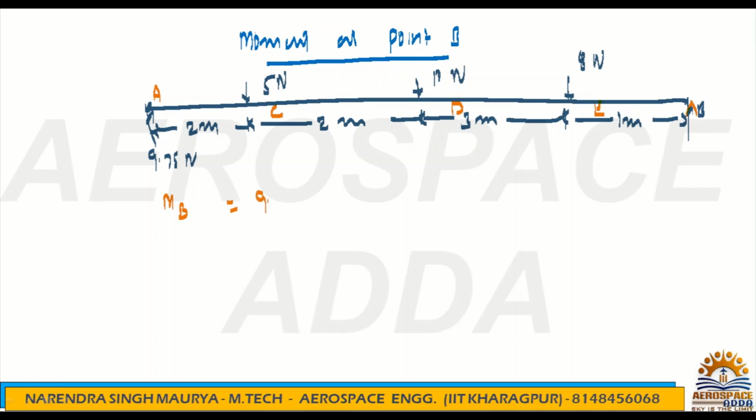This 9.75 will give the clockwise moment about B. The perpendicular distance for 9.75 will be 2 plus 2 is 4, plus 3 is 7, plus 1, that is 8. This 5 Newton will give anticlockwise moment, perpendicular distance 2 plus 3 is 5, plus 1 is 6. 10 Newton will give anticlockwise moment, distance 3 plus 1 is 4. 8 Newton also gives anticlockwise moment, 8 into perpendicular distance 1.